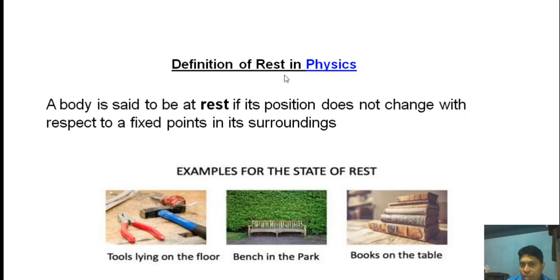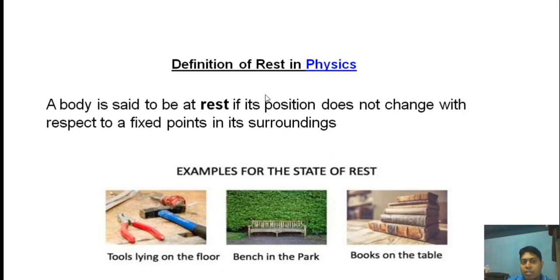As a definition of rest in physics. In physics, what do you mean by rest? Simple. A body is said to be in rest if its position does not change with respect to a fixed point in its surrounding.